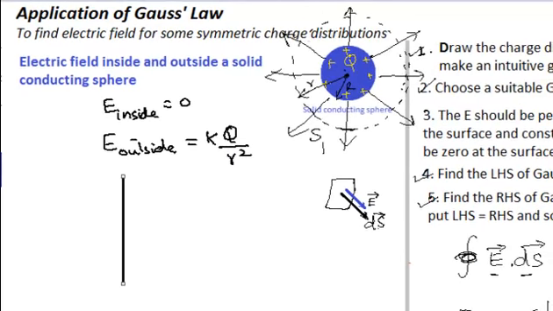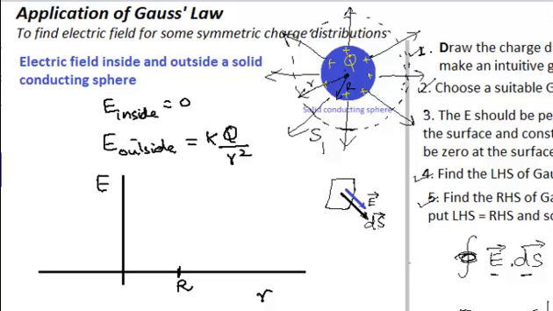So we are going to plot the electric field along the y-axis and the distance r along the x-axis. So we have r here, and this is the electric field, and this is a distance equal to the radius R of the sphere.